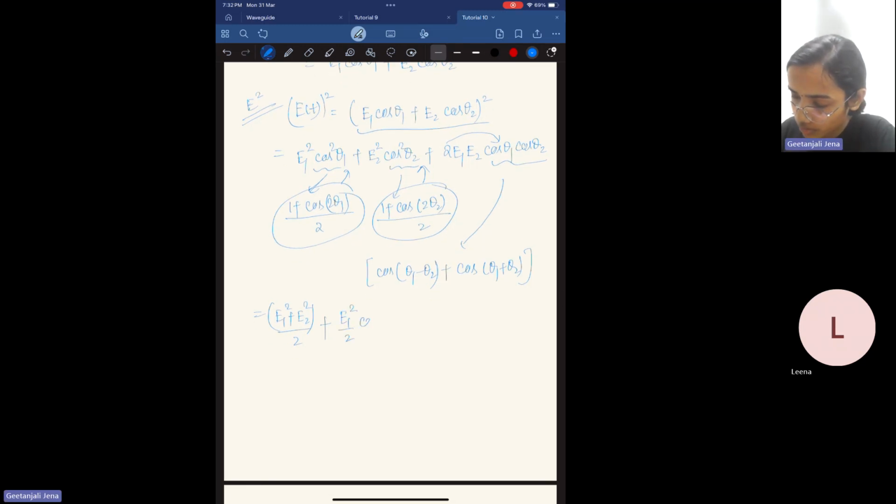Then E1 squared by 2 cos(2 omega 1 t minus 2 k1 z), plus E2 squared by 2 cos(2 omega 2 t minus 2 k2 z), and we have the E1 E2 term: E1 E2 cos(A minus B), which will give (omega 1 minus omega 2) t minus (k1 minus k2) z, and plus cos(A plus B).